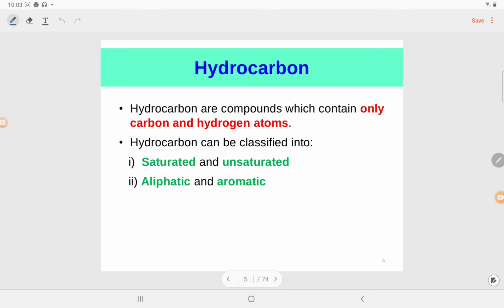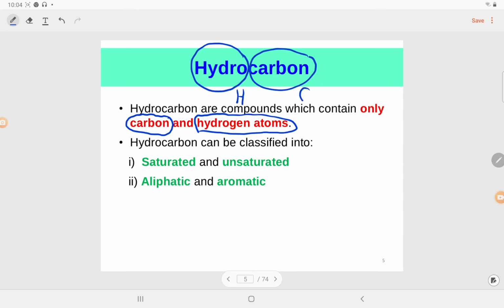So, what is our hydrocarbon? Our hydrocarbon here consists of carbon and hydrogen only. It means the term hydro, the compound contains the element hydrogen, and carbon consists of the element for carbon atom.